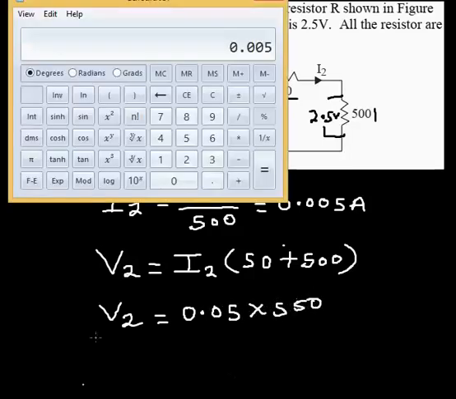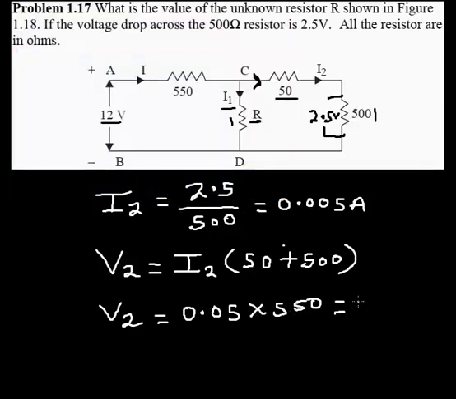All right, let's multiply that. That's 2.75 volts, right? So the voltage across CD is 2.75 volts.